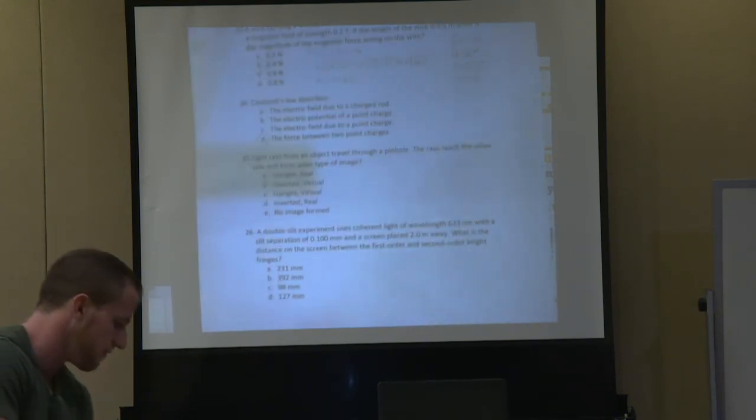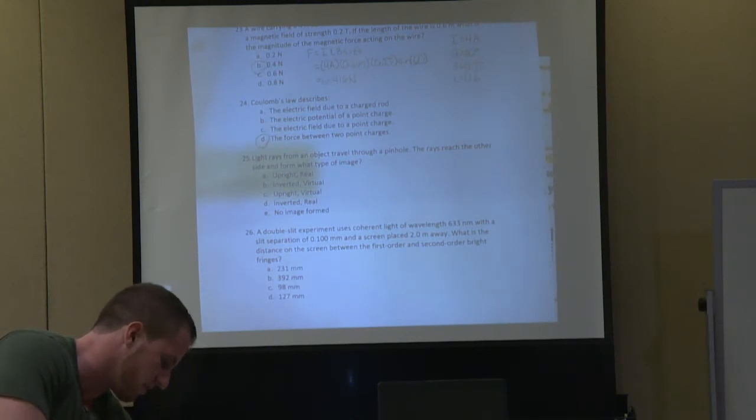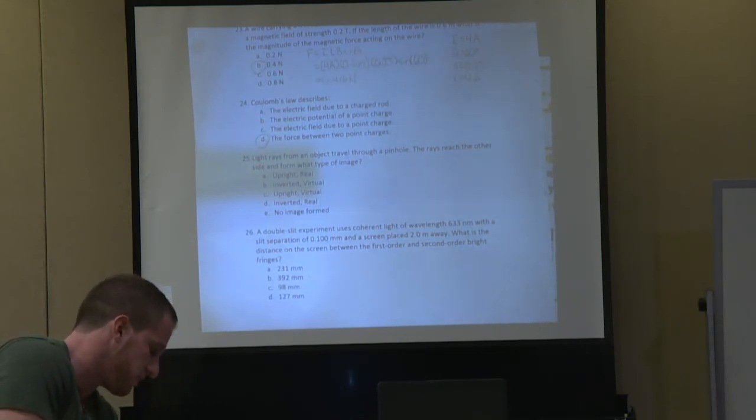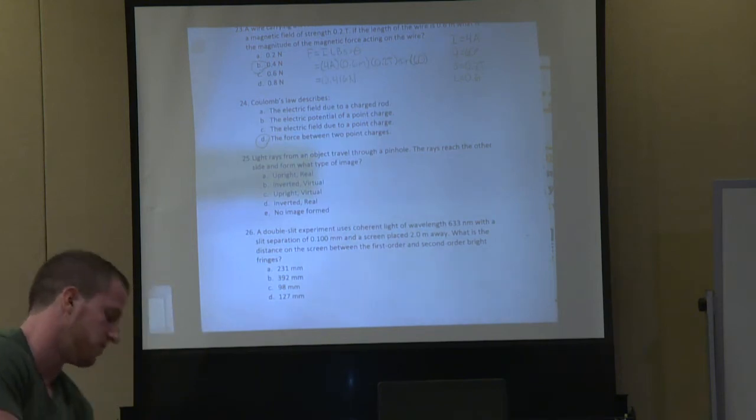So 25 says light rays from an object travel through a pinhole. The rays reach the other side and form what type of image?